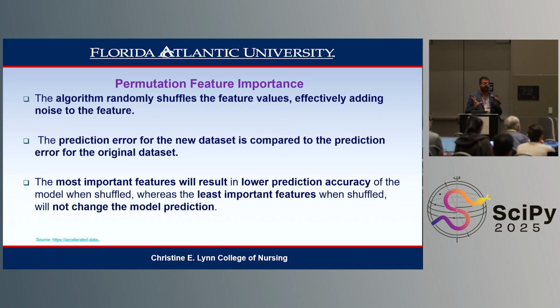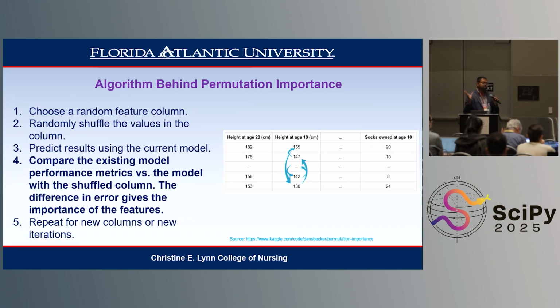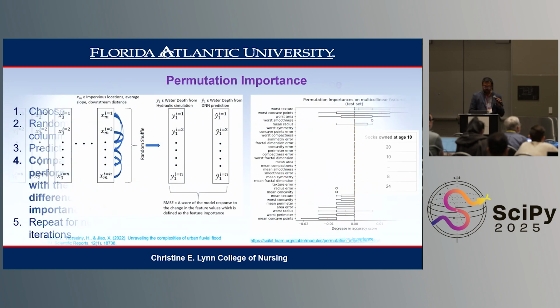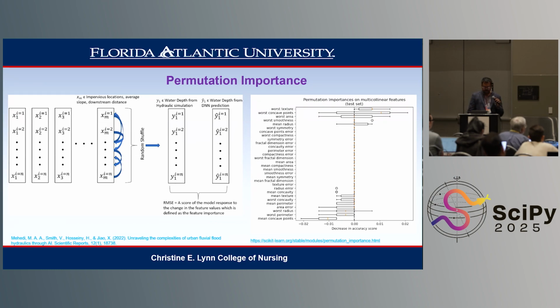If the prediction error after random shuffling is too large, then you know that this particular column was something that the model relied on to predict. So it's an important feature. So that's pretty much how it works. This is just a reiteration of the idea. It's shuffling, and we estimate the error.